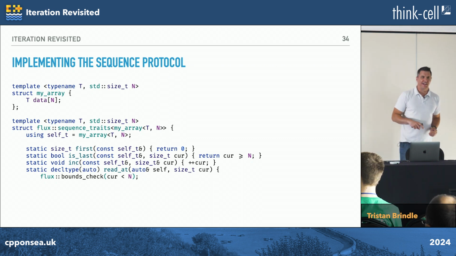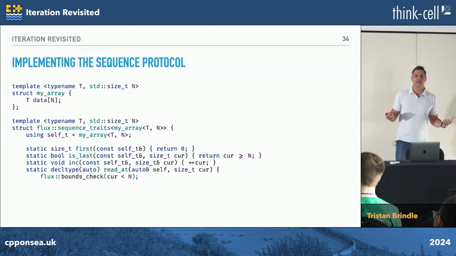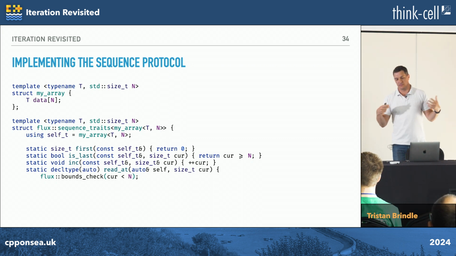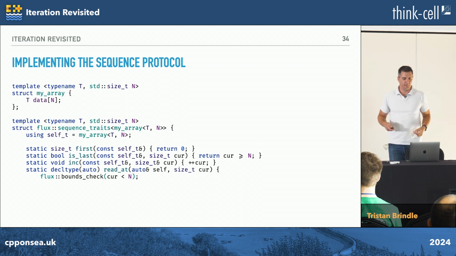But I don't have any slides on that because it didn't exist a year ago. So flux::bounds_check does exactly what you think it does. Depending on how you configure the library, it's either going to terminate the program, or it's going to throw an exception. There are configuration flags for Flux depending on which you prefer.